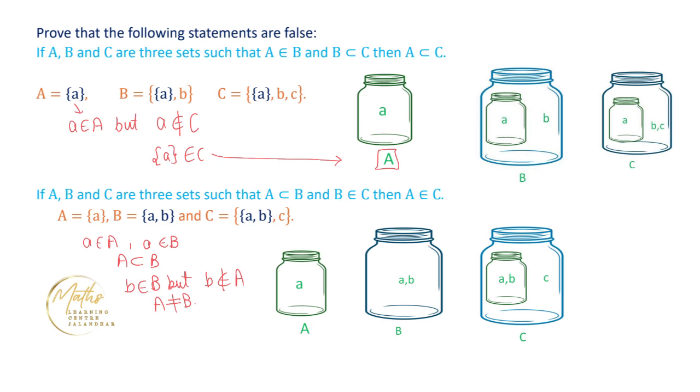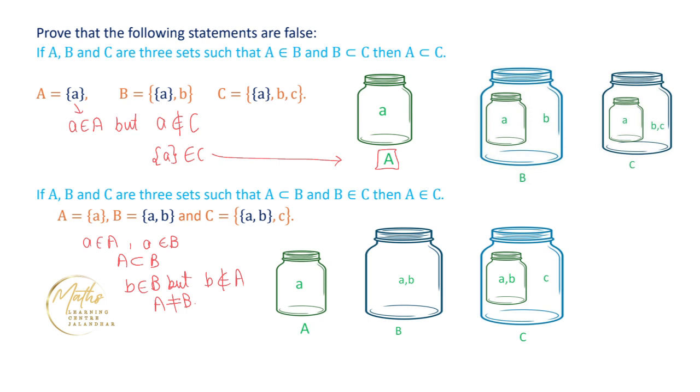Then we are saying A belongs to C. But we can see over here that A is representing this complete jar, and this jar containing the element a is not present over here. There is no jar in this way.